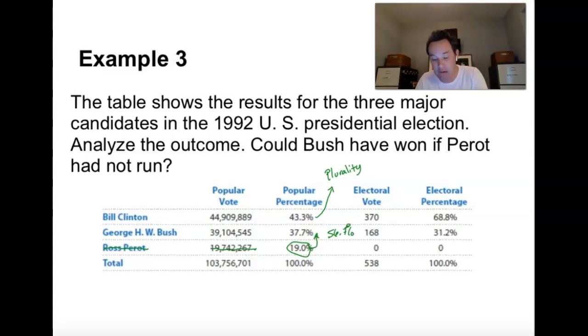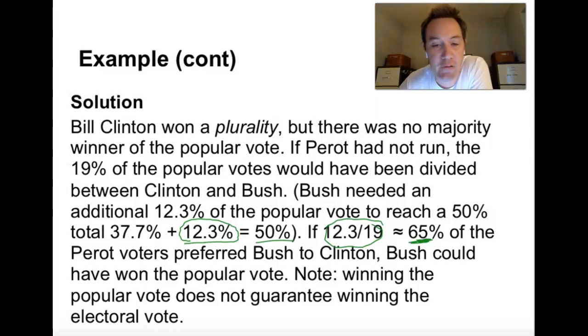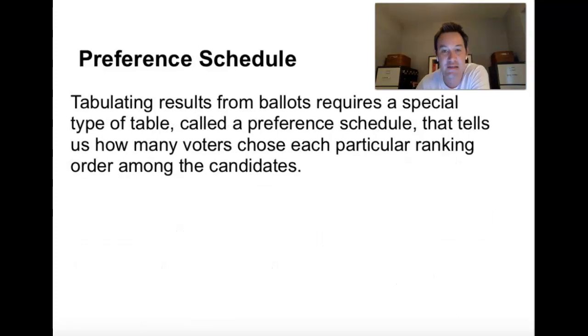But he wouldn't even have needed all of those to get the majority. That's well above the majority. So he only needed an additional 12.3% of the vote to get to the majority stake. And so 12.3 out of 19, that's 65% of Perot's voters. So if 65% of the Perot voters voted for Bush, he may have won the popular vote. But as we saw in the 2000 election, winning the popular vote does not guarantee winning the election.